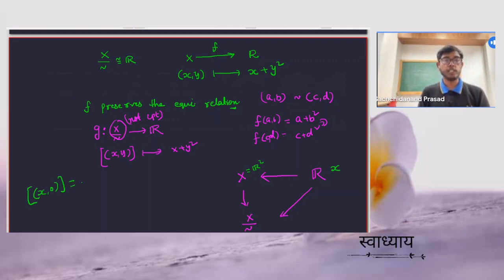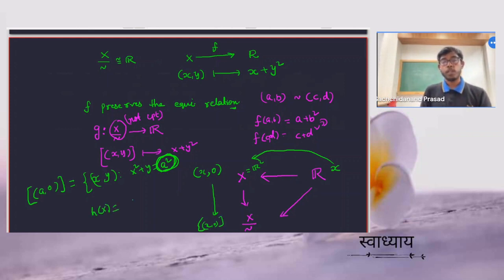Let me write (a, 0), that will make more sense. The class of (a, 0) is the set of (x, y) such that x plus y squared equals a. So this is completely determined by this constant a. If I take x, I'll send it to (x, 0), and that goes to the class of (x, 0). So I define h of x equals the class of (x, 0).